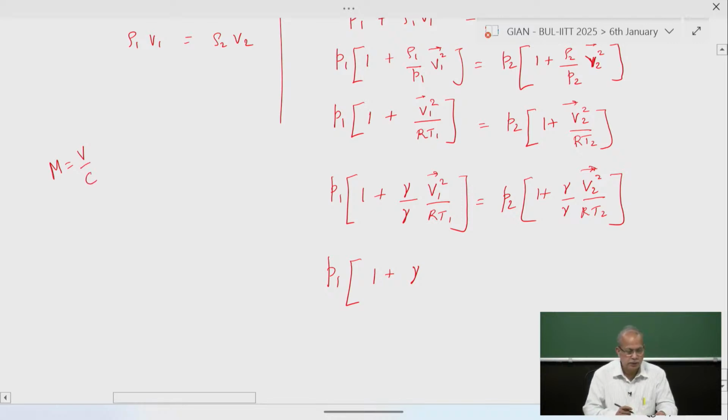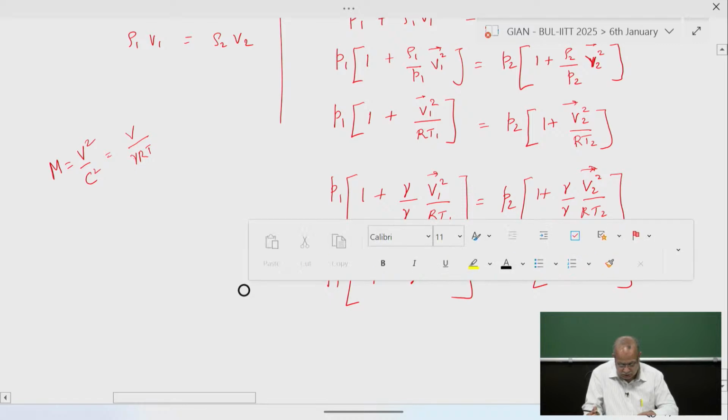Mach number is V by C, so V square by C square, where C square is gamma RT. So can I write M1 square? That is equal to P2 into 1 plus gamma M2 square.